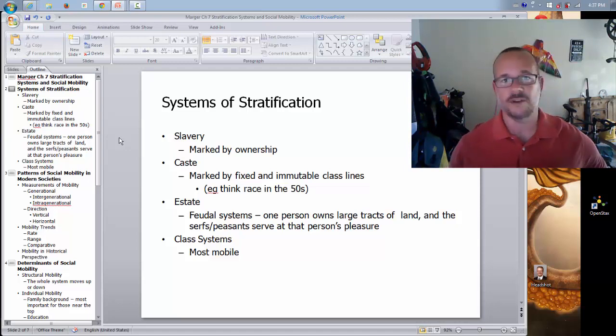Okay, then you have estate systems. We're familiar with them as feudal systems, sometimes called vassal systems, but essentially a land owner, be it a lord, a knight, or for the PBS watchers, Downton Abbey, right?